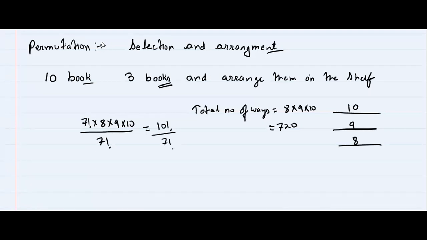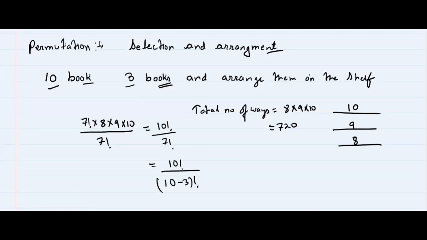Now you should ask, what is the meaning of this? Why are we doing this? Think about this. We have 10 books and 3 shelves, so 7 is 10 minus 3 factorial. Right everyone? Can you see something? Can it be written like this?